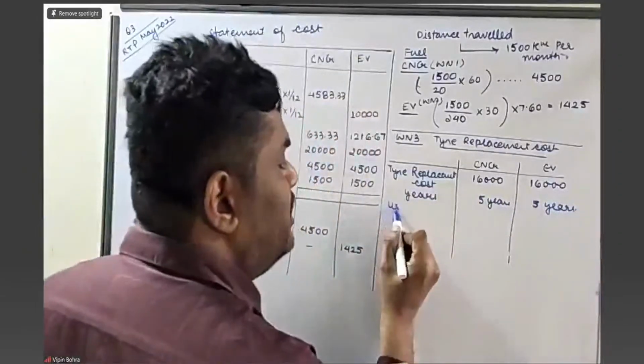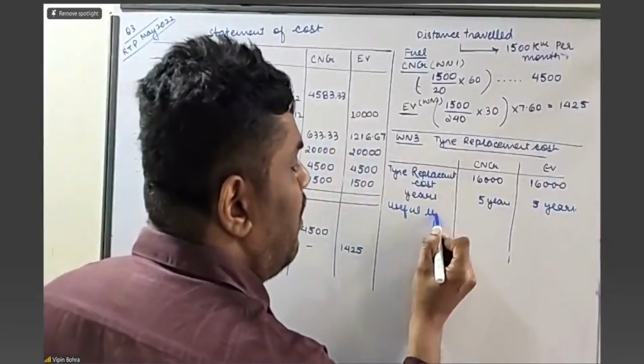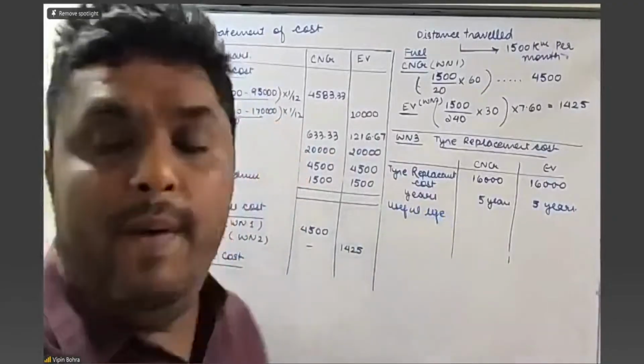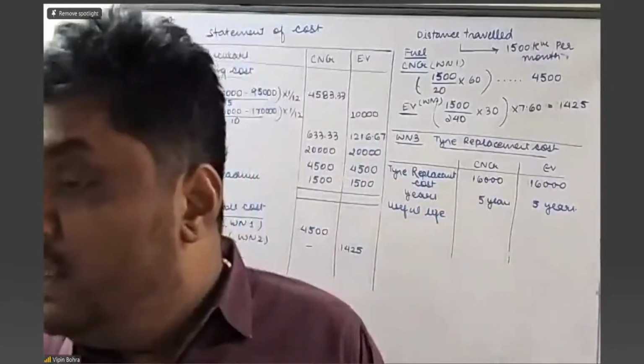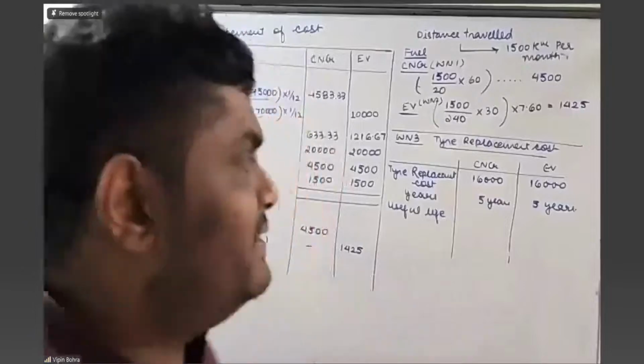When talking about the useful life of the car, see, the life of the car is 15 years and 10 years.